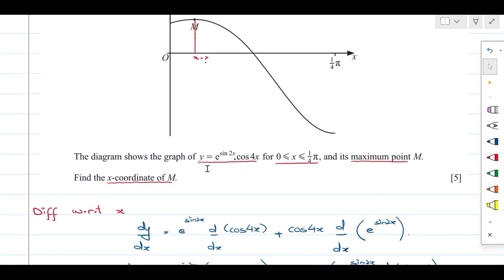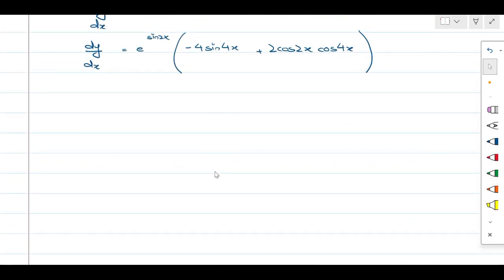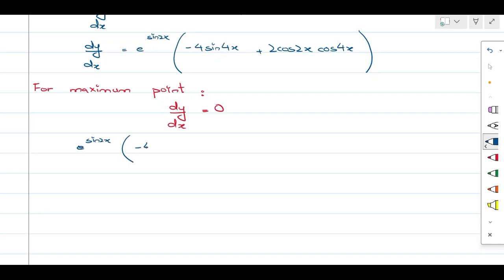Now we need to solve for the x coordinate of M, and for a maximum point we need to put the first derivative equal to 0. Dy over dx should be equal to 0, and we have to solve for x. So e to the power sine 2x times minus 4 sine 4x plus 2 cos 2x cos 4x is equal to 0.